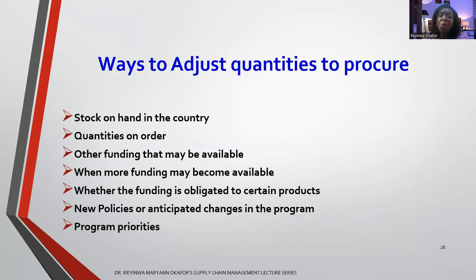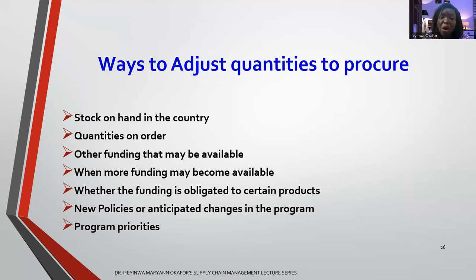Ways to adjust quantities to procure. There are ways to adjust quantities to procure. We can look at stock at hand in the country. We can look at quantities on order, and other funding that may be available. We can look at other funding means that may be available to us and explore them.